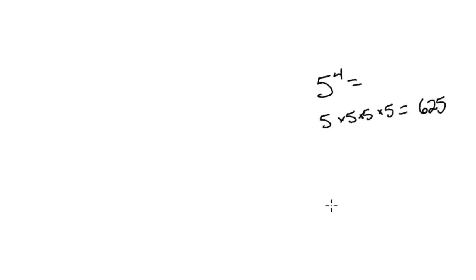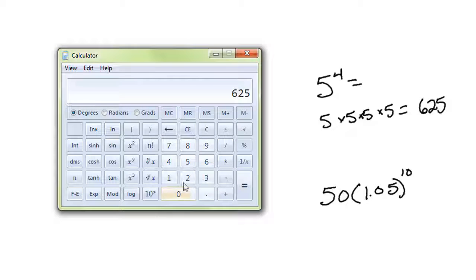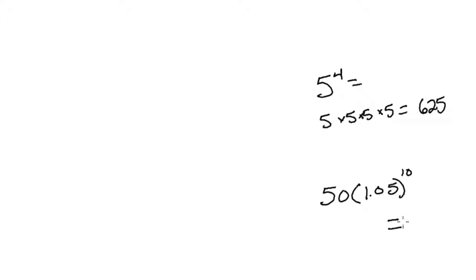And when you hit equals, it will give us 625. If we took the example of the savings account and did 50 times 1.05 all to the 10th power, well, let's punch that in the calculator and see how that would work. Take 1.05 all to the, that's the exponent, 10th power, hit equals, and you get this number here, times by 50 equals, and we get 81.44.